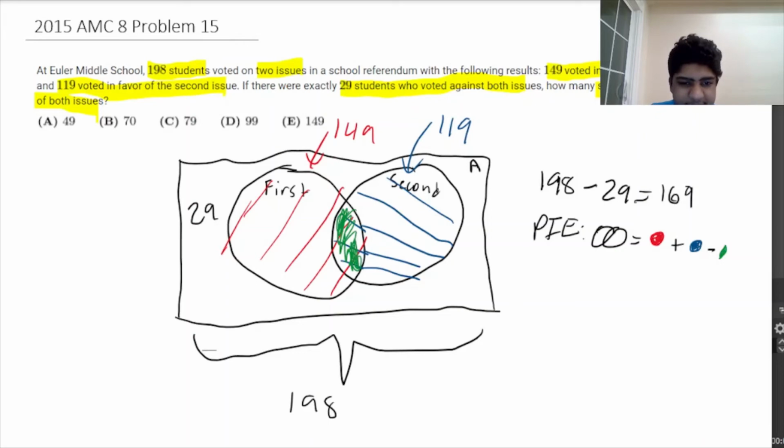And you can just derive this by noticing that when we add the first and second, we're actually counting these green students in the middle twice.